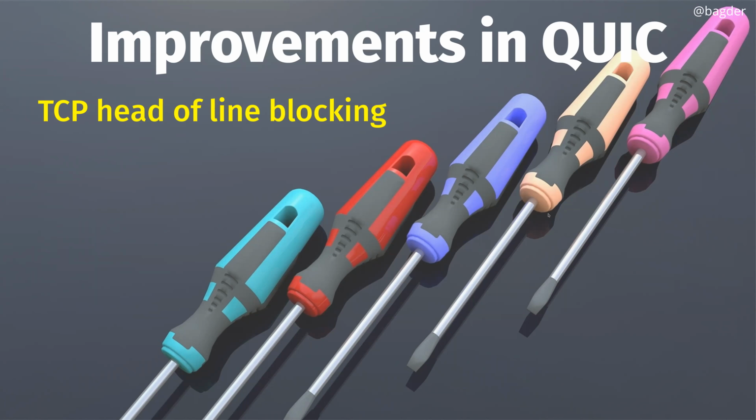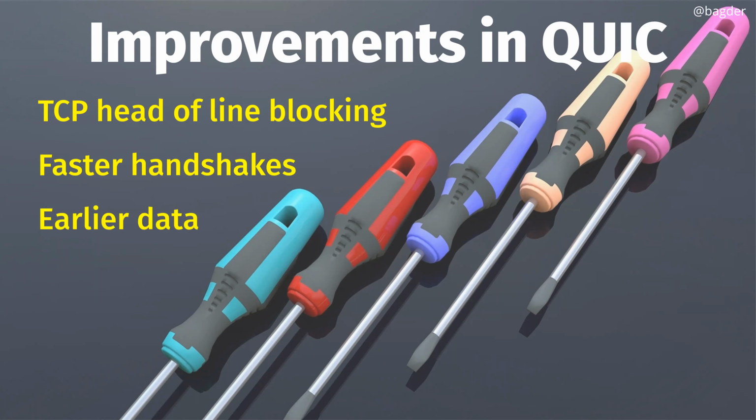For example, Quick addresses the TCP head of line blocking problem. It makes faster handshakes, down to 0 RTT handshakes. It can send data earlier in the handshake and fixes the old problem we call TFO, the TCP fast open problem.